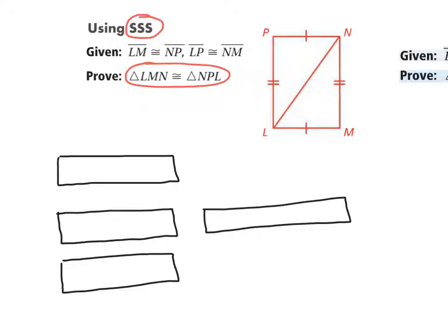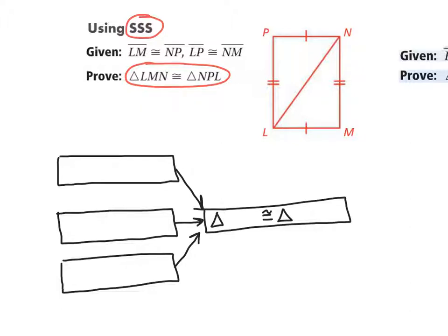And remember, flow proofs have the boxes where your statements go, and then underneath the boxes are the reason for that statement. And then you also need to draw arrows showing the flow of the logic, which things tell you what other things. And so this is our basic structure that we are always going to have when we are trying to show that a triangle is congruent to another triangle.